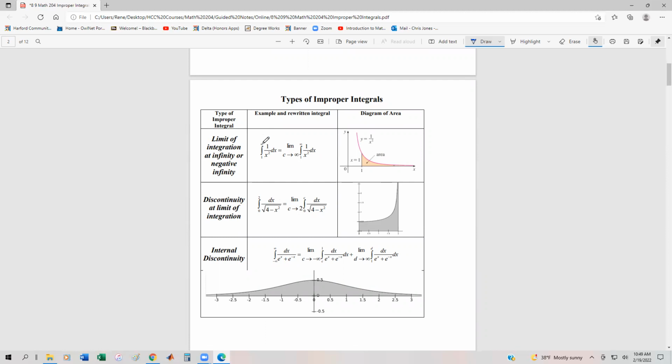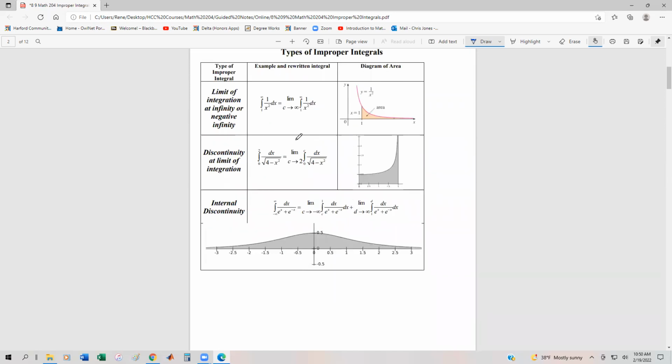And sometimes we have a discontinuity somewhere in between. If that happens, we have to break up the integral into two separate integrals and evaluate. We'll see a lot of these as we go along.